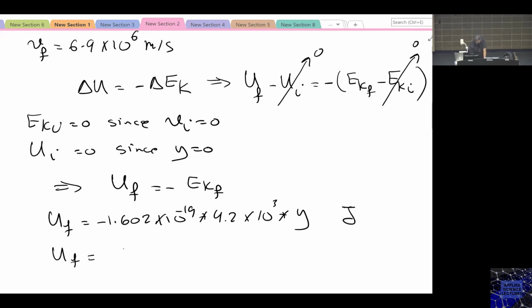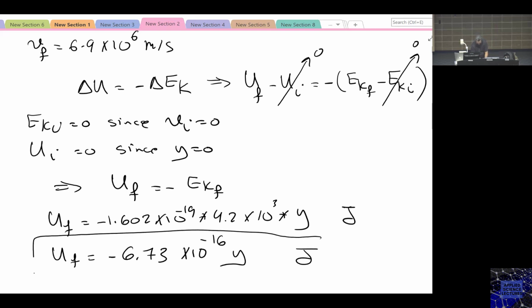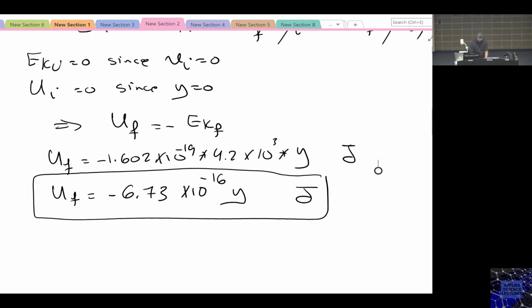Or UF equals minus 6.73 × 10^-16 y joules, right? Is that right? This is UF.